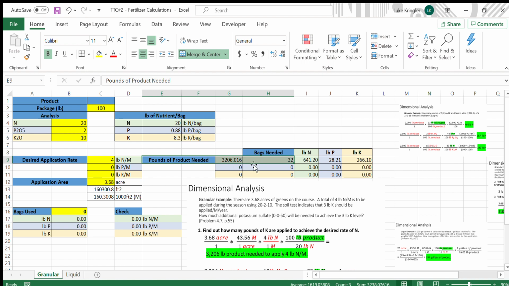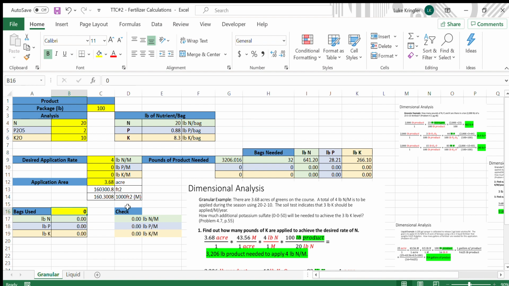All right. And this bags needed category is going to be based off this parcel number here. So I entered 100, so this is saying that we're going to need 3,200 pound bags to achieve this application. Now, I go down to this bags used tab, and I'm going to enter the number that's returned under the bags needed column.